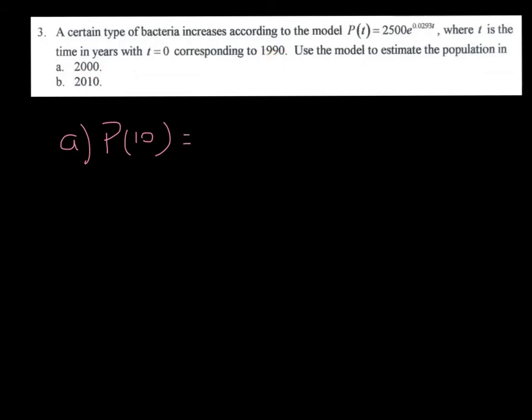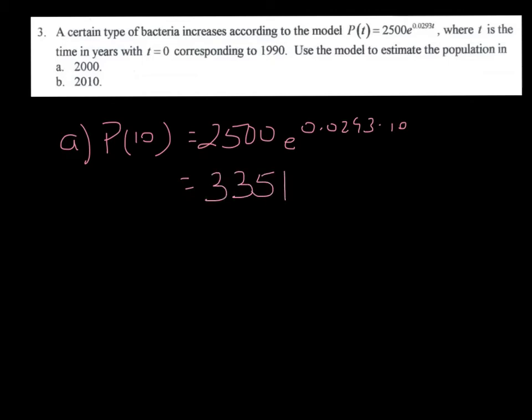So P of 10 is 2500 e to the 0.0293 times 10. And that comes to be about 3,351 bacteria.